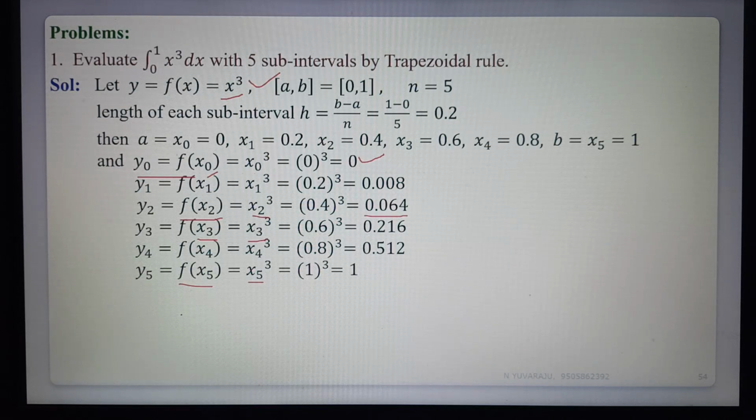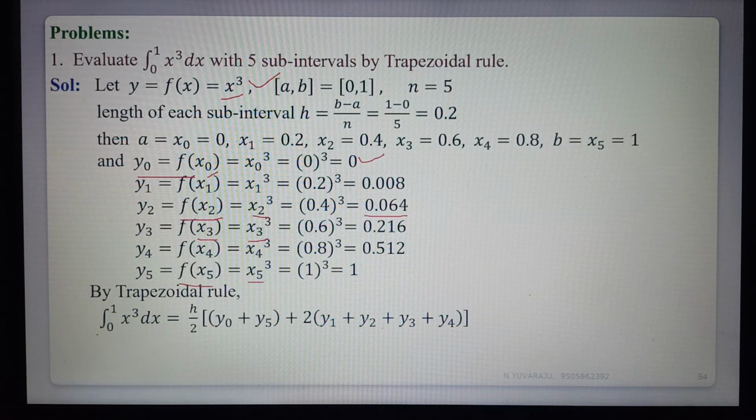Now using the trapezoidal rule, the integration from 0 to 1 of x cube dx is equal to the formula h by 2 [y0 plus y5, that is the last value y5, since the formula is y0 plus yn where n is 5, plus 2 into the remaining values y1 plus y2 plus y3 plus y4].